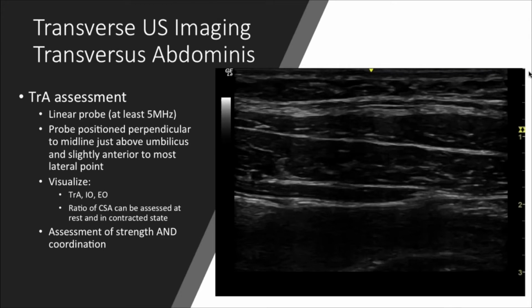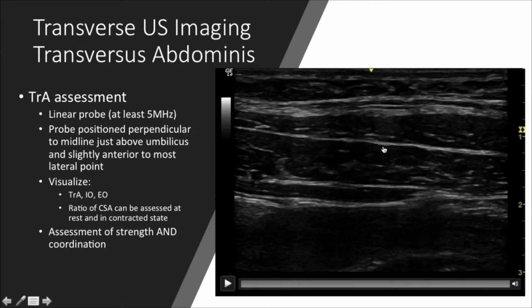And then lastly, as working with patients who have hip, low back, groin injuries, I tend to also image the transverse abdominis. This muscle works very closely with the pelvic floor in creating that proper intra-abdominal pressure when you're doing any loaded task. For this you'd want to switch to a linear probe, at least 5 megahertz. The probe would be positioned perpendicular to midline, just above the umbilicus and slightly anterior to the most lateral point.